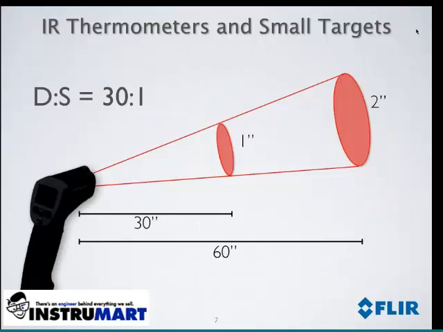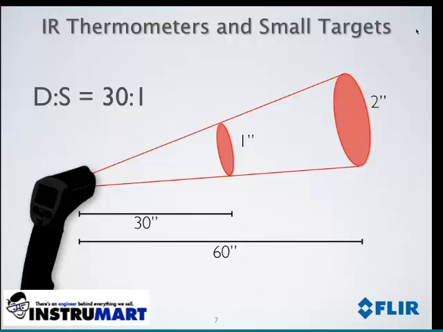Now here's just a real quick example of how we can utilize the DS ratio, or distance to spot ratio, to determine how much area we're averaging. And we'll see how this translates over to the infrared camera measurements and spot sizes.